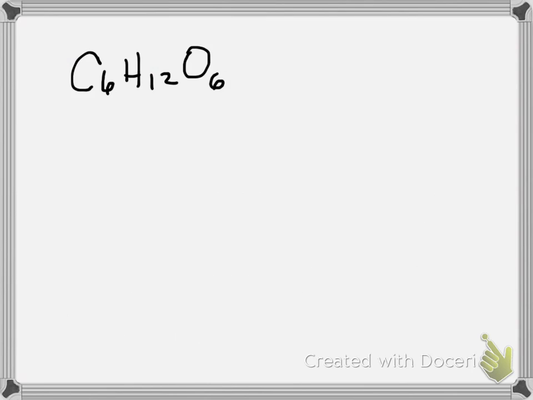So, who recognizes this molecule? What is it? Glucose. Simple sugar made by plants using only sunlight and their wits. No, actually using sunlight and a whole series of complex chemical processes. But, okay, it's glucose, C6H12O6. That's the molecular formula.